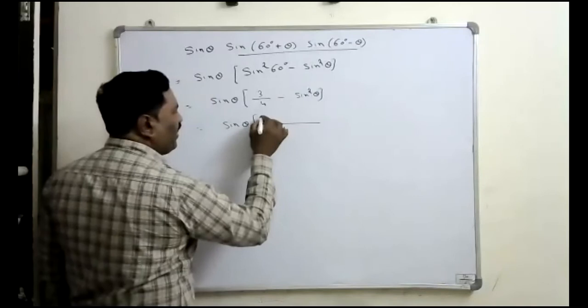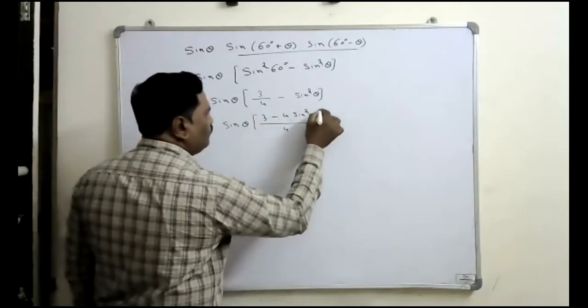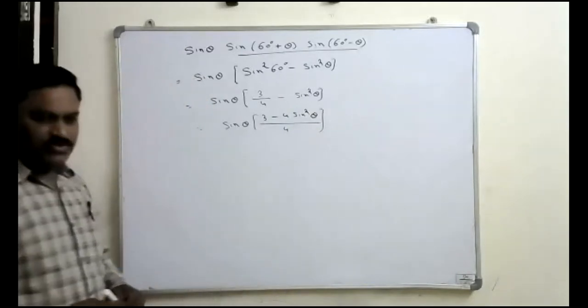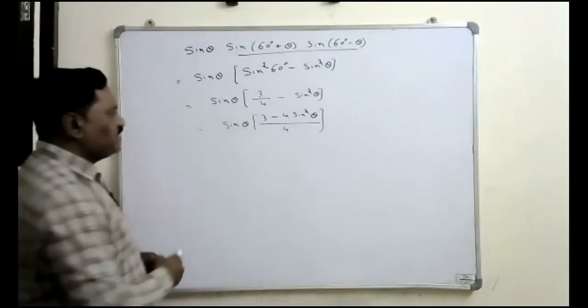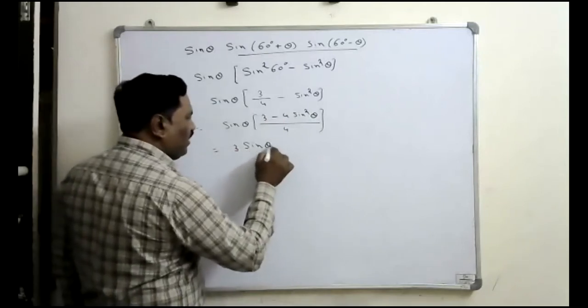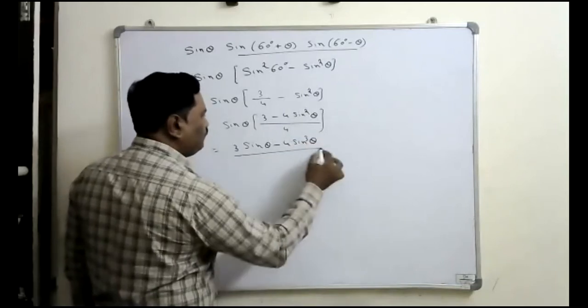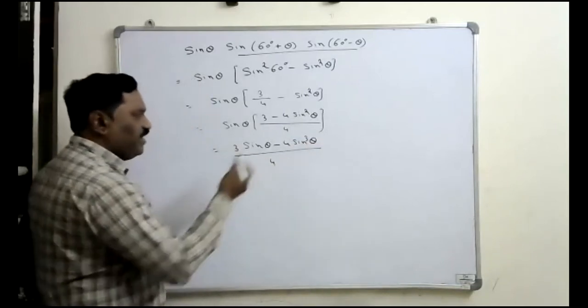So the numerator will be 3 minus 4 sin square theta, multiplied by sin theta, which is 3 sin theta minus 4 sin cube theta by 4. This is what we are getting.